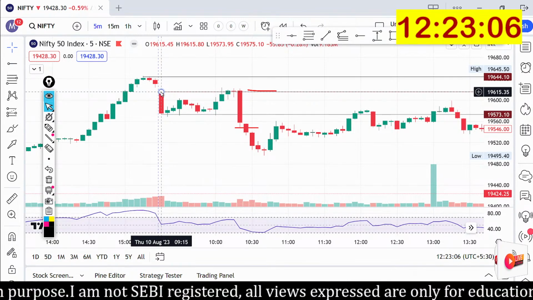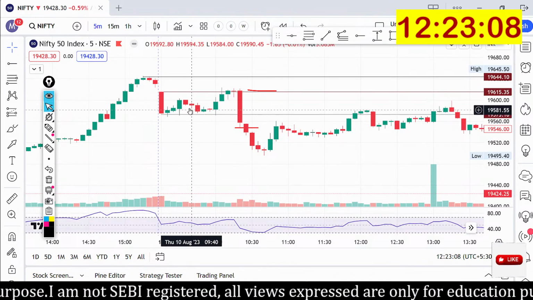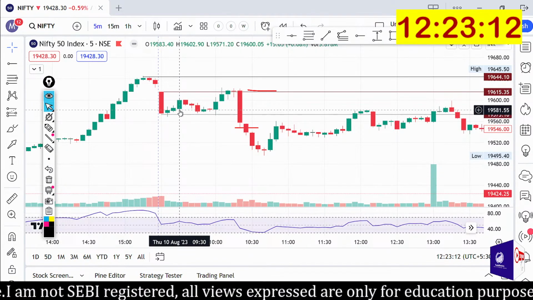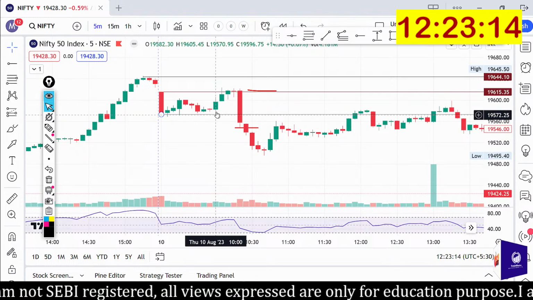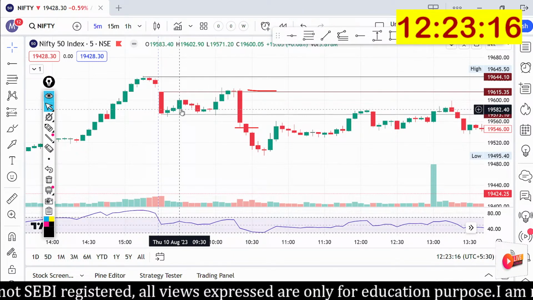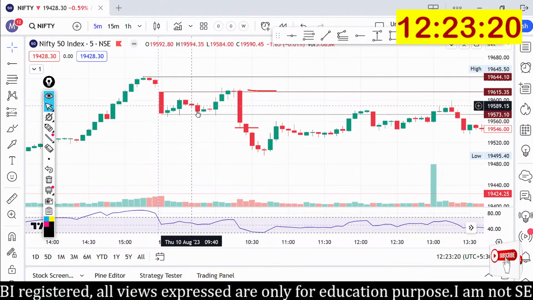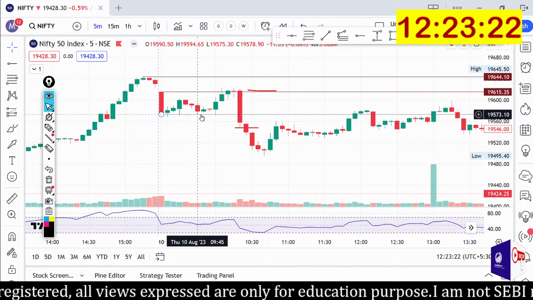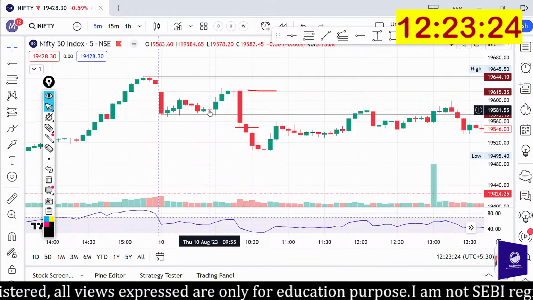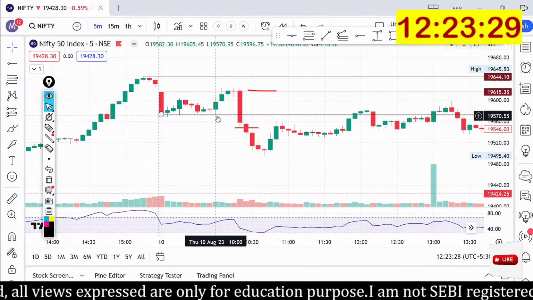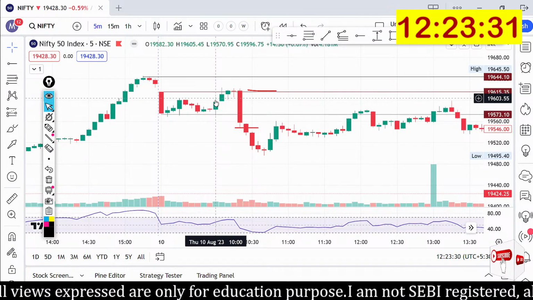Now when the buyers are trying to take control, look at the wicks which are coming in. Sellers are active here, sellers are active here, sellers again active in this area also, and in this candle also, and in this place also.